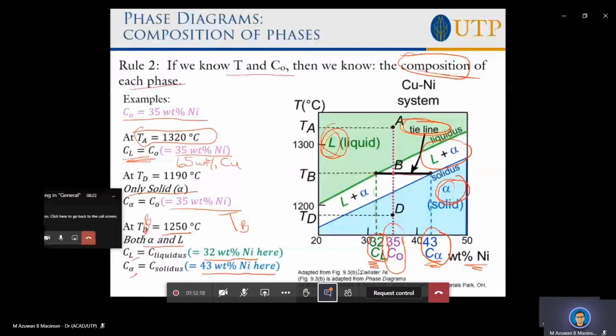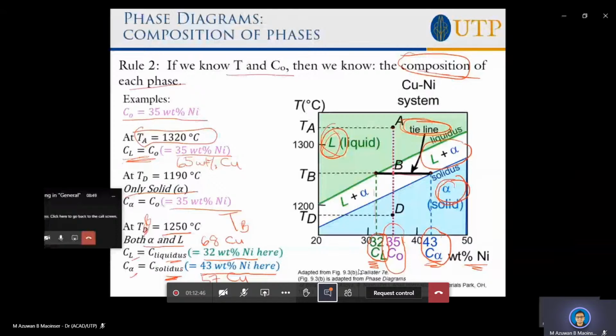So your solid and liquid have different amounts of nickel inside. Of course 32 nickel, the rest is 68% copper, and here 57% copper. That's what it means. So the amount of nickel in the liquid and in the solid differs. Okay, so how do you read?